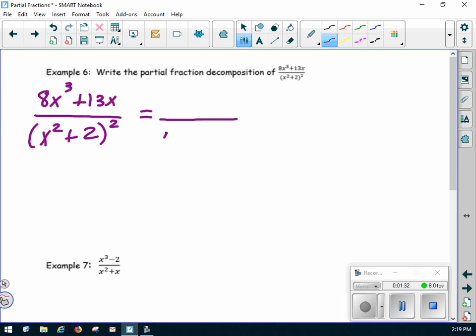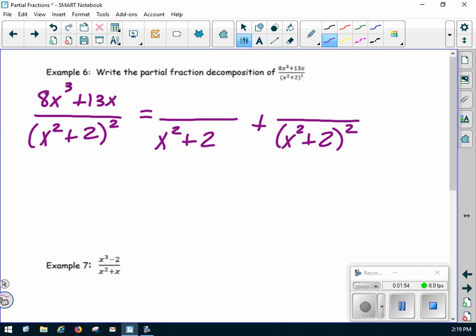You're going to do that factor to the first power. You're going to do that factor to the second power. And if that was an exponent of 4, you do it to the third power and to the fourth power. Did we talk about that a little bit last time? Okay.